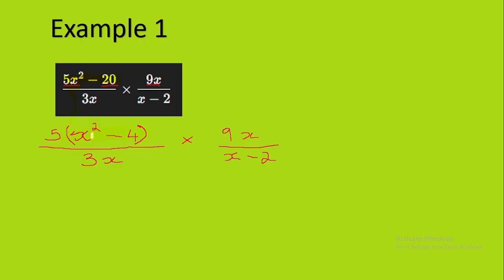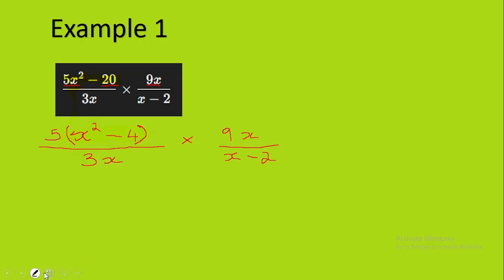If you look at the x squared minus 4, we can actually factorize again, because this is the difference of two squares. x squared is the first squared term, and 4 is also a squared number.